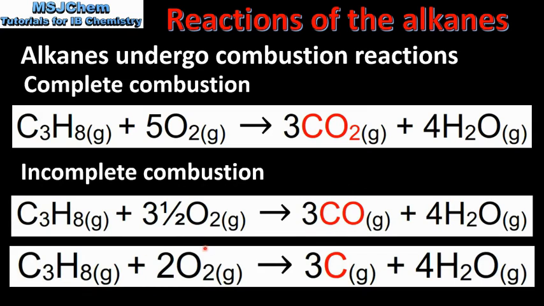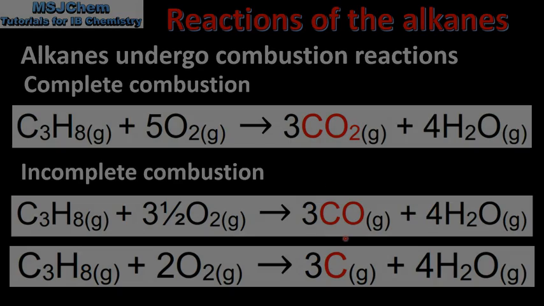If the amount of oxygen is very limited, then carbon will be produced. So the two kinds of combustion are complete combustion, where there's an excess of oxygen and carbon dioxide is produced, and incomplete combustion, where there is a lack of oxygen forming carbon monoxide or carbon.